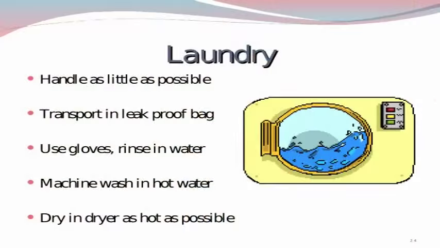So put it in a bag, use gloves and rinse it in water first, and then put it in the washing machine with hot water and in the dryer on the hottest setting that the clothing can use. And that will disinfect any of the articles. Unless it's really soaked in blood, you can wash things with it. It doesn't need to be washed separately.